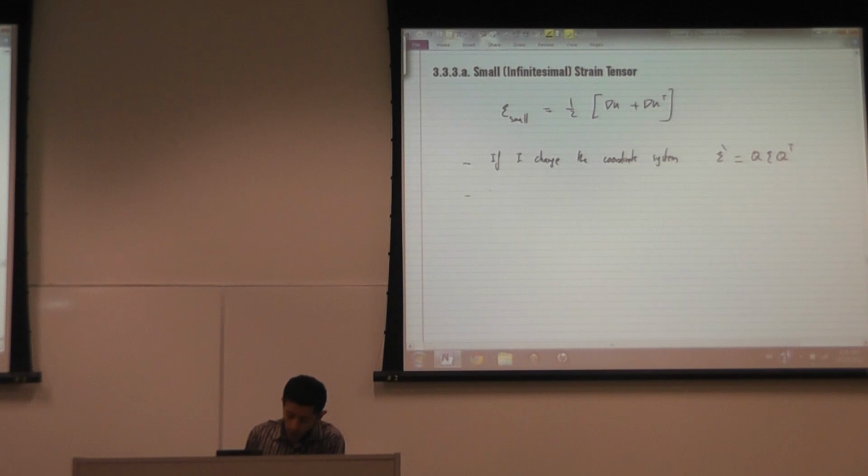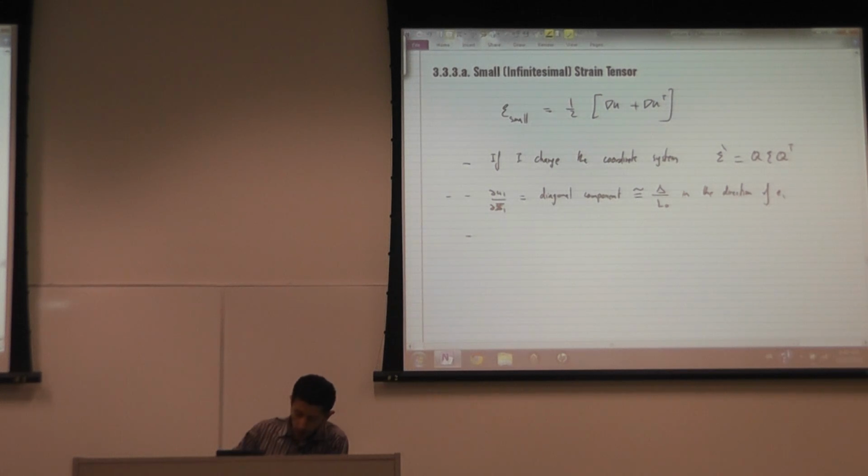And we know that partial u1 by partial x1, which is the first diagonal component, is almost equal to delta over L naught in the direction of e1. And so on. Partial u2 by partial x2 is equal to delta over L naught in the direction of e2.